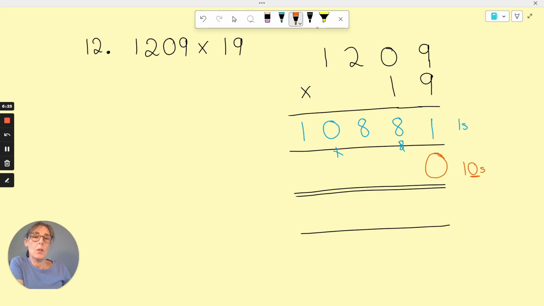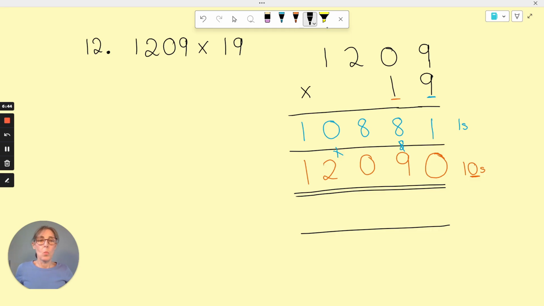So we've got our 0 because we're multiplying by our 10. Let's just make sure that's clear. 1 times 9 is 9. 1 times 0 is 0. 1 times 2 is 2. 1 times 1 is 1.